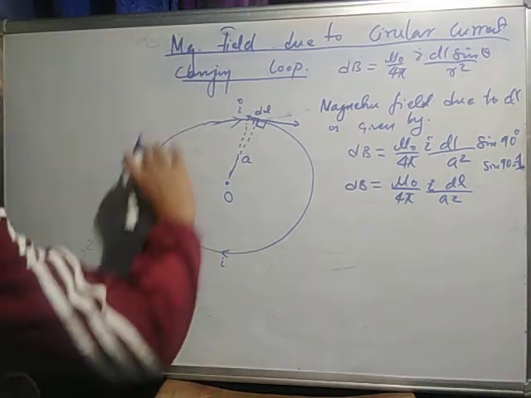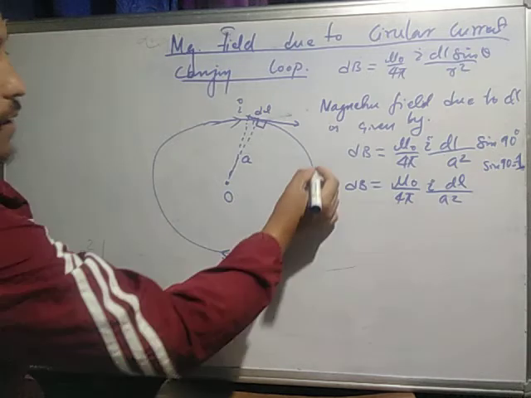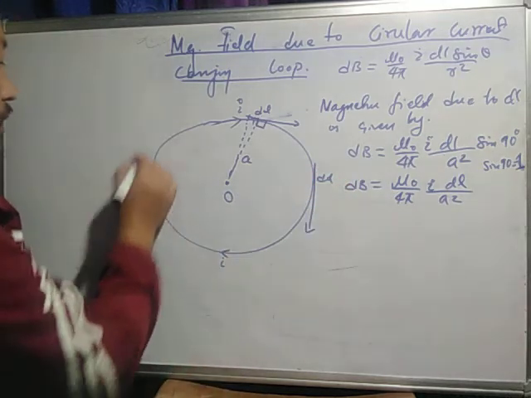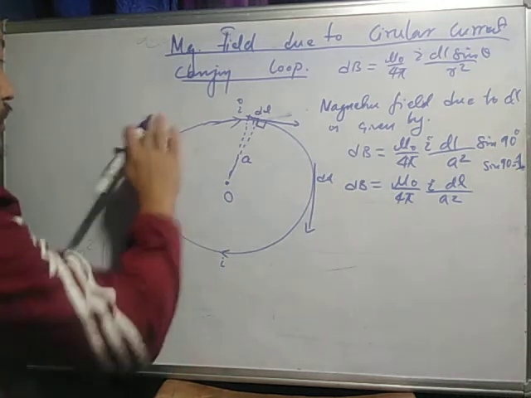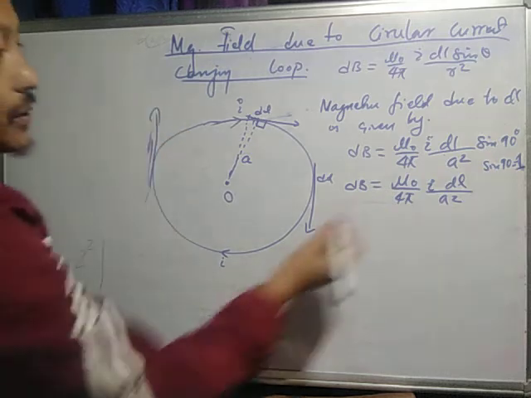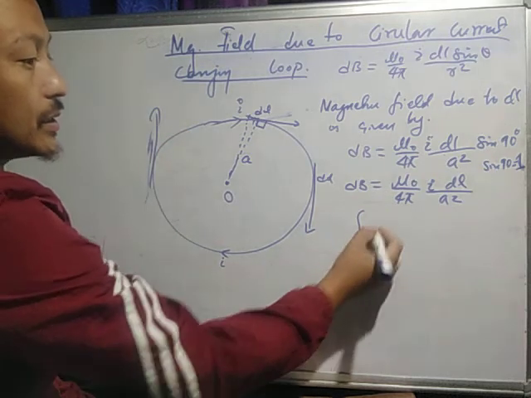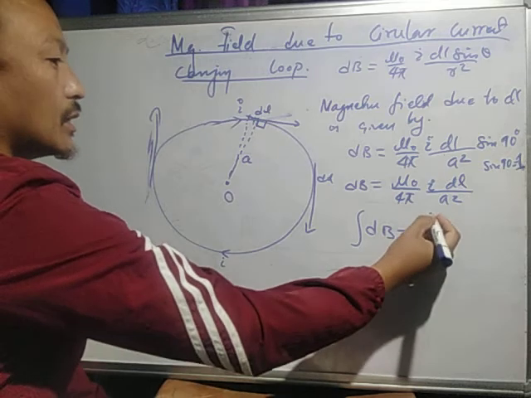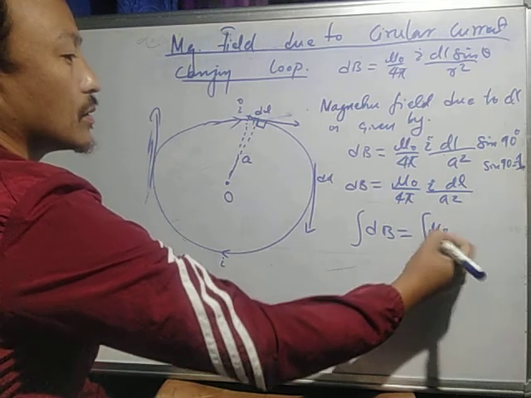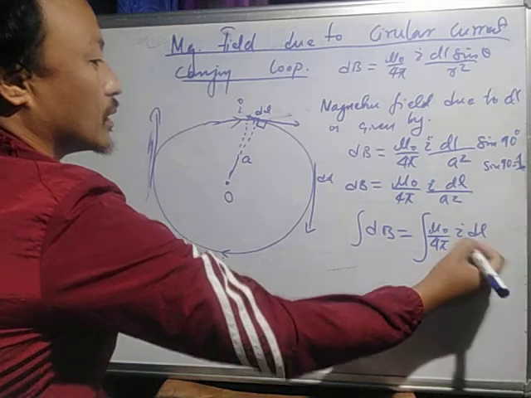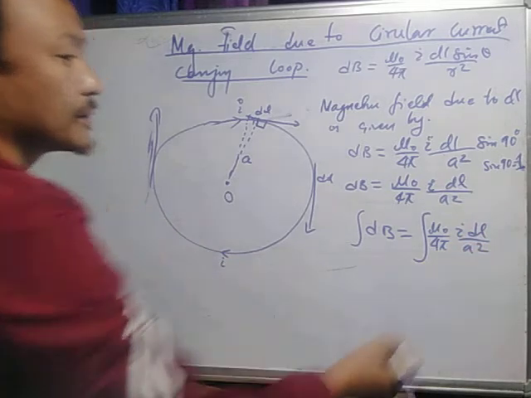But we need the whole, isn't it? So here you have dl like this, you can take it here also, this is your tangent, isn't it? So you have to integrate dB. So how much will you get? Integration of mu naught by 4 pi I dl by a square, right?